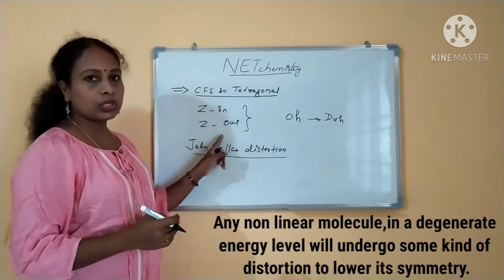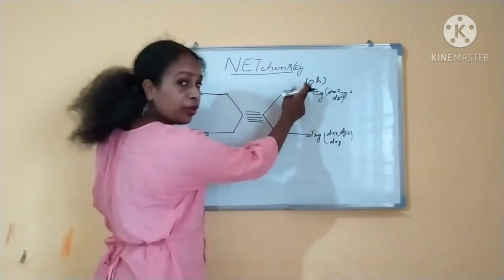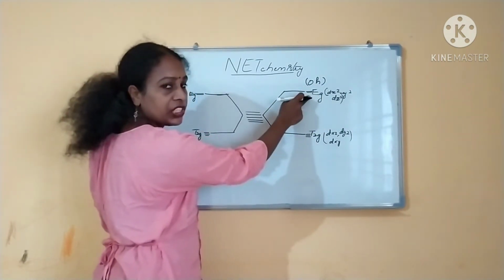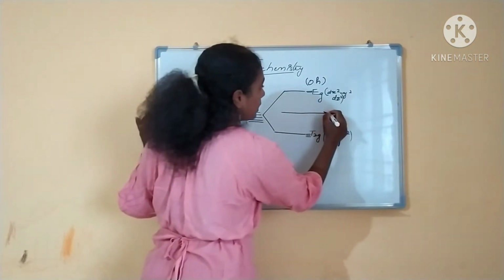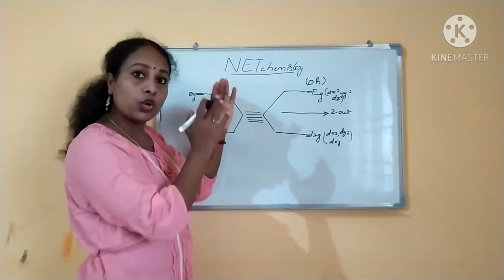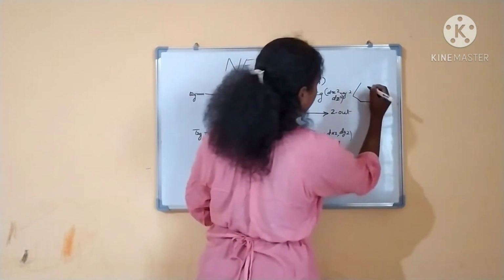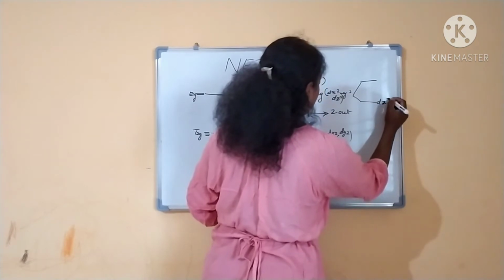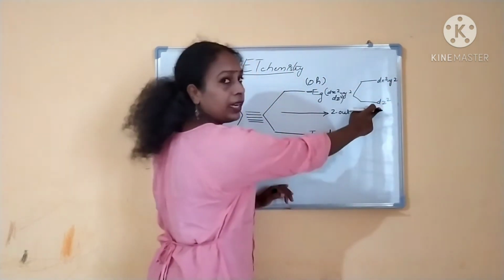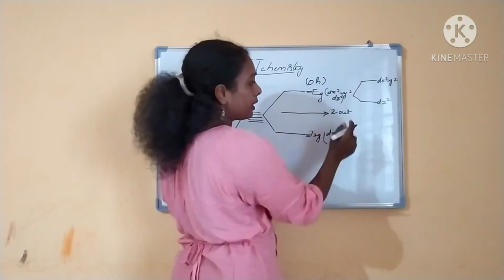We will see the distortions in Z in and Z out cases. In the octahedral environment, the splitting is T2G and EG as I have written. First I am considering the case of Z out, where the Z ligands move away. How will the splitting be? dz square comes down and dx square minus y square splits up.